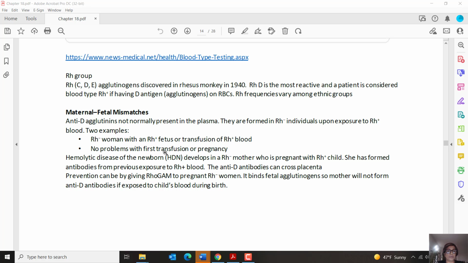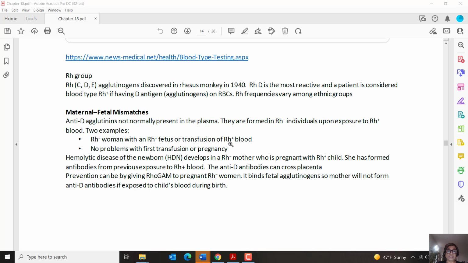then in the first transfusion or first pregnancy, you don't have a problem because it takes about 8 to 9 months for the blood to recognize the protein and produce the antibodies. So the first child or the first transfusion is safe, right? The first baby is born.